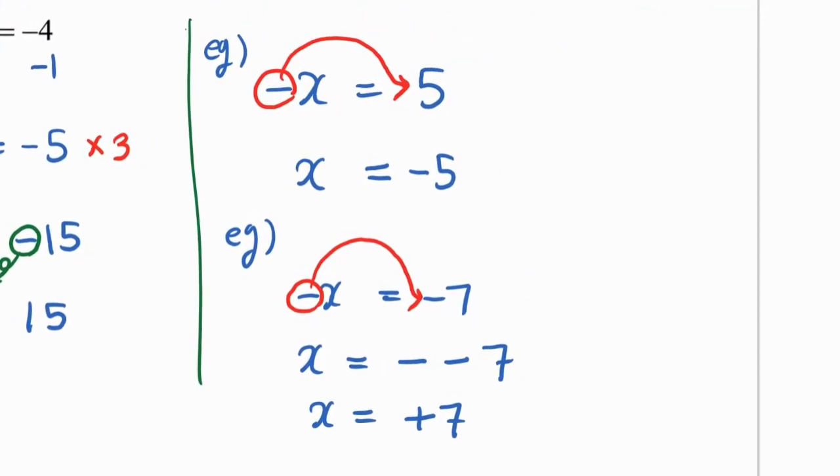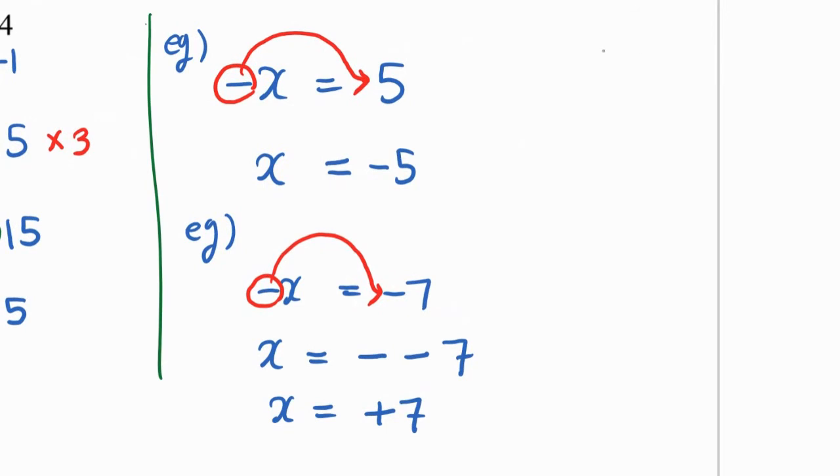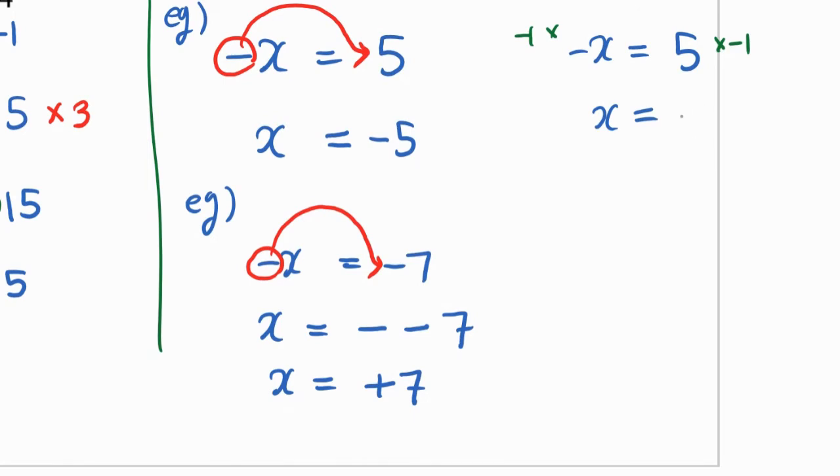We can solve like this because when you have negative x equals 5, it's the same as multiplying both sides by negative 1. Then negative 1 times negative x becomes positive x, and 5 times negative 1 becomes negative 5. Same thing. When you have negative x equals negative 7, you can simply multiply both sides by negative 1.